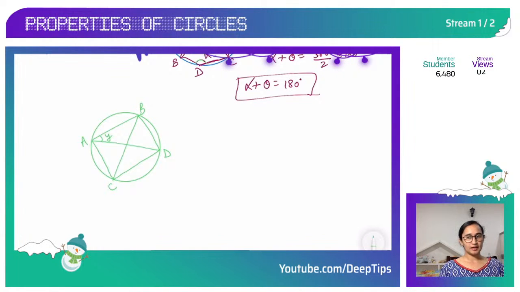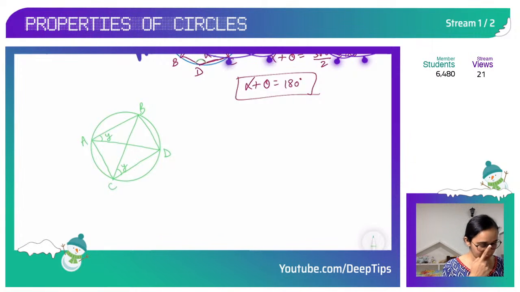Angle BAD is equal to which angle? It is equal to angle BCD, because we have just learnt that angles in the same segment are equal.